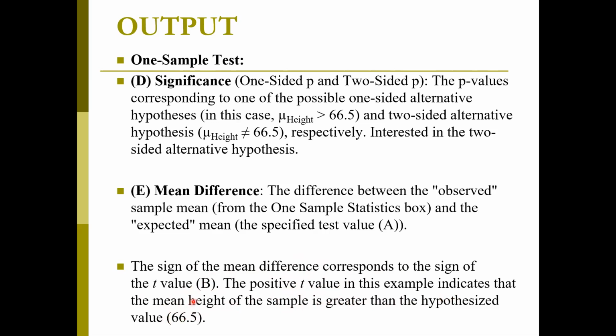Meaning, the height that we got from our study is higher than the height that the CDC said was the average height for those 20 years and above. So if the mean difference is positive, the t-value will be positive. If it is negative, the t-value will have a negative sign.